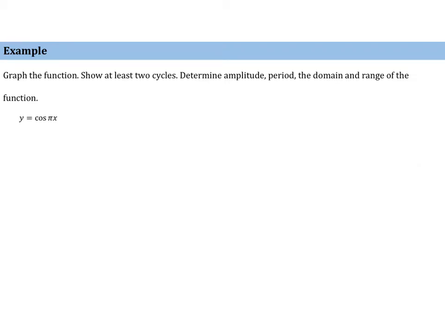So if we want to graph cosine of pi x, we can again look at compressions and translations and reflections and stretches, just like we did for the sine function. So here we have our input x is multiplied by pi. So this corresponds to horizontal compression. We know it's a compression because pi is bigger than 1.